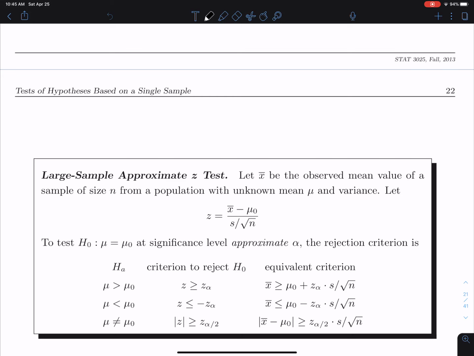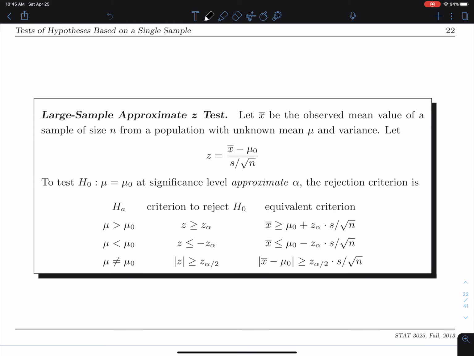So today we talk about the large sample approximate z-test. This test is useful when the distribution is unknown. Remember that when we use the t-test, the basic assumption is that we have a normal distribution.